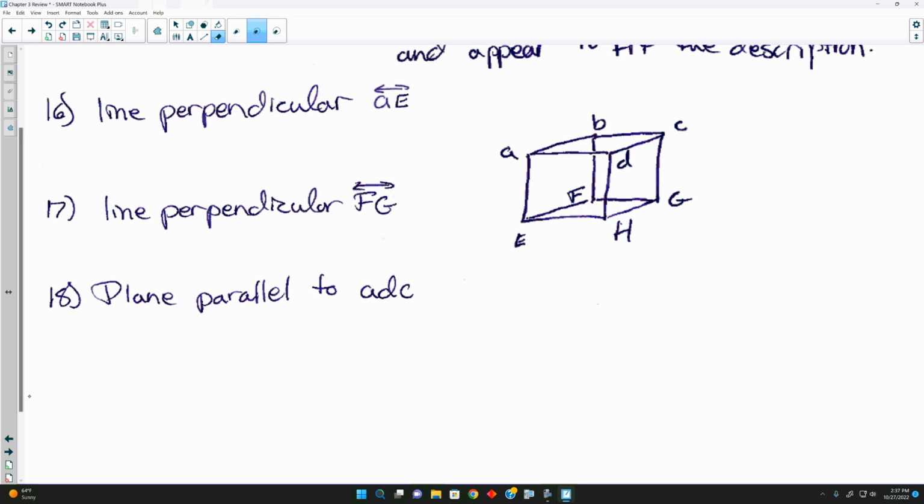So 16, 17, 18. A line perpendicular to AE, and we're still containing point H, would be EH. Perpendicular to FG would be HG.